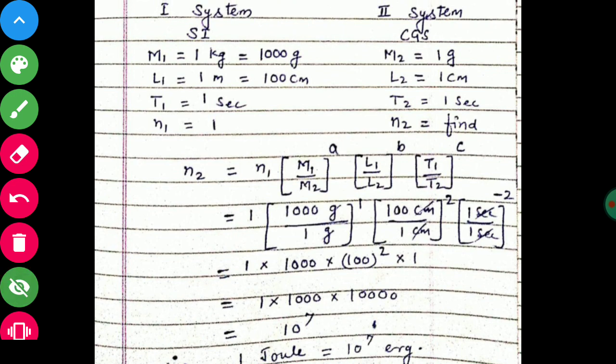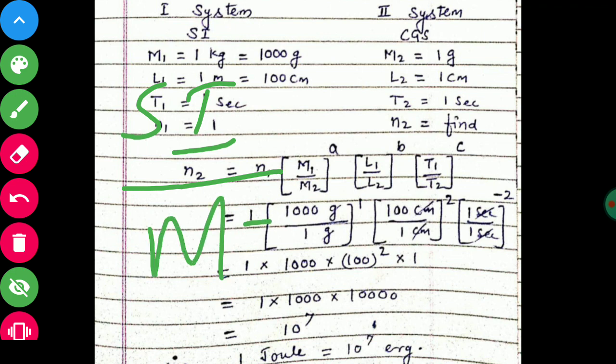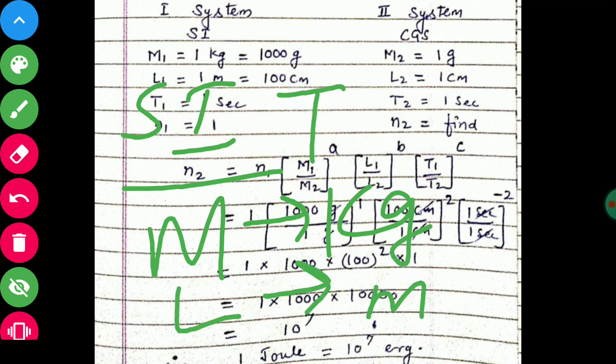Now, the first system is SI and the second system is CGS. In the previous videos, I explained that SI, Standard International, is the system of units in which mass is measured in kilogram, length in meter, and time in second.